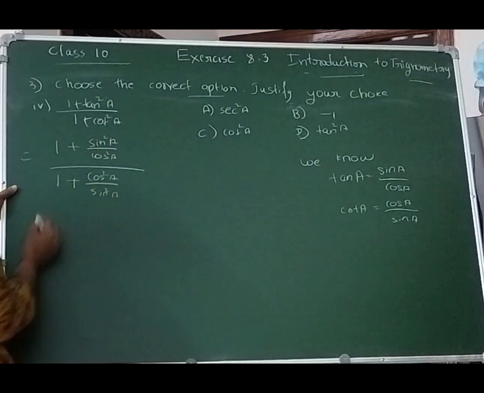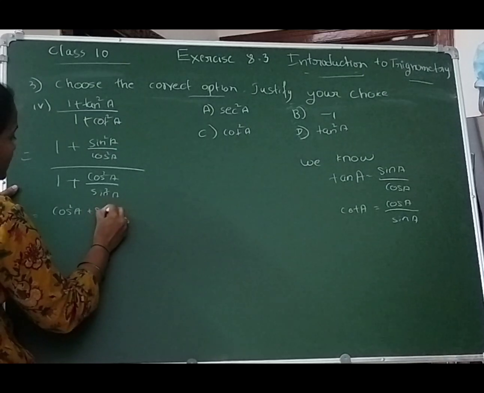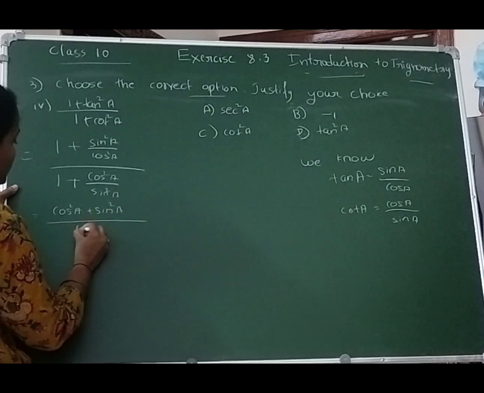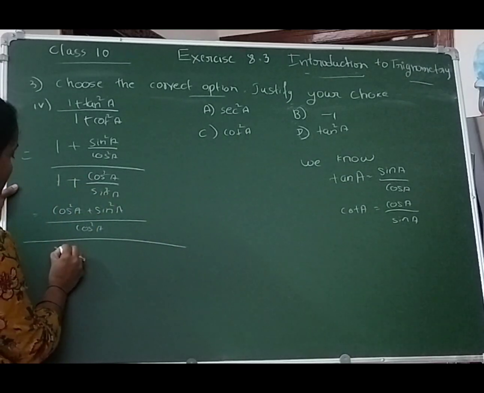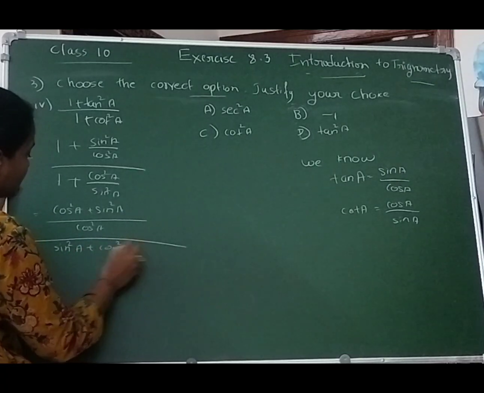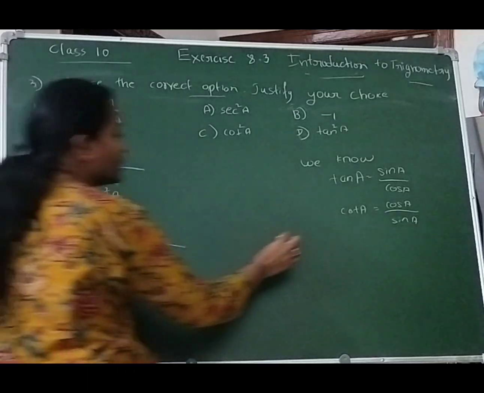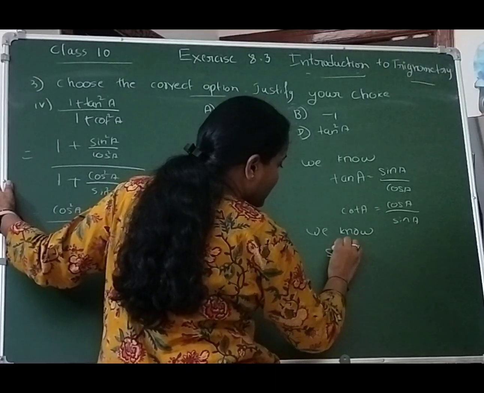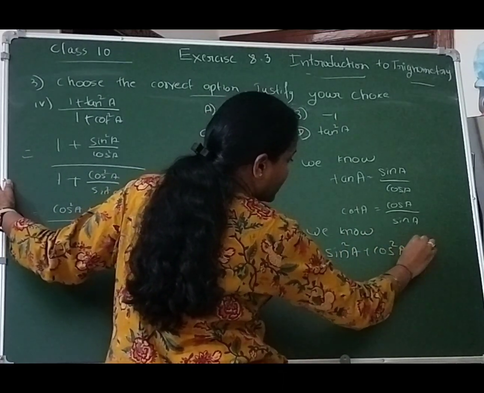So taking the LCM, it will become cos square A plus sin square A whole divided by cos square A in the numerator, divided by sin square A plus cos square A divided by sin square A in the denominator. We already know that sin square A plus cos square A is 1.